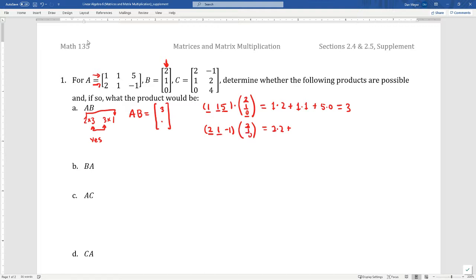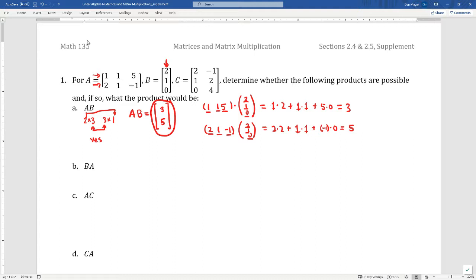Second times second, 1 times 1. And third times third, negative 1 times 0. And that'll give us 5. Okay, so A times B is a doable multiplication, and the result is the 2 by 1 column matrix 3, 5.